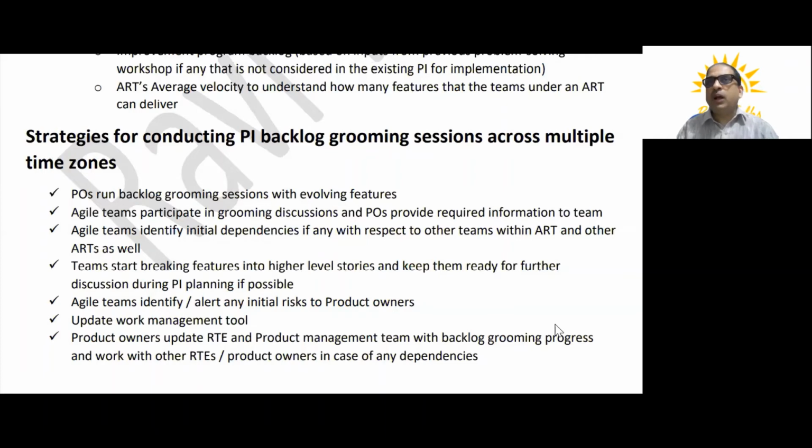When we initially start, the product owner can tell all the members within the train, hey, these are the top 10 features that we are targeting for this PA. Do note that the initial list may be very draft, but the intention is to make the team feel comfortable in understanding the features and make them aware of what features they're going to work on in the upcoming PA.